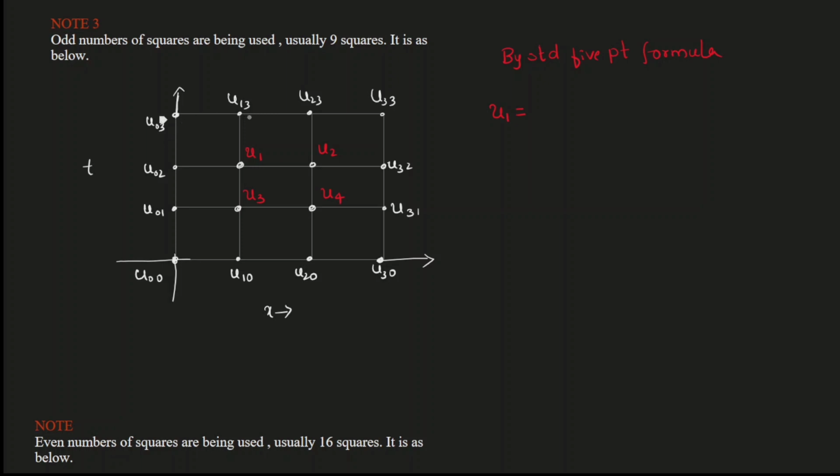In the last class, I discussed that u1 uses the left value, the right value, the upper value and the lower value. Like this, we move using the standard 5-point formula, then take their average. There are 4 values, so it is 1 by 4. u1 is equal to 1 by 4 times left value u02 plus right value u2 plus upper value u13 plus lower value u3.